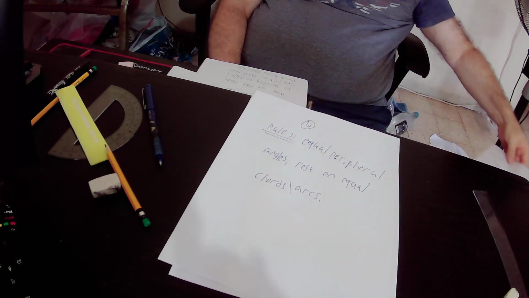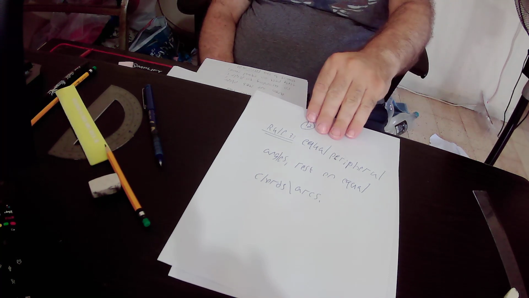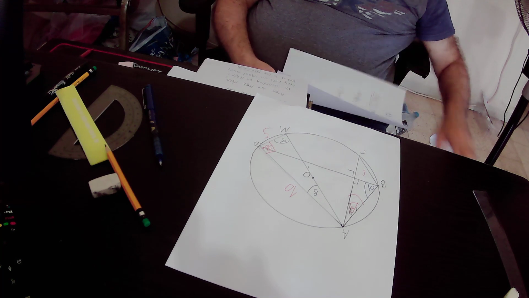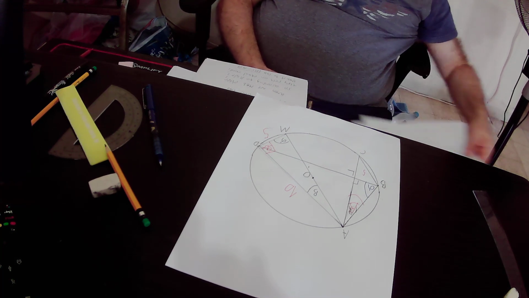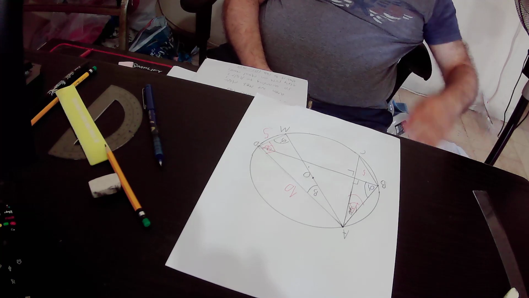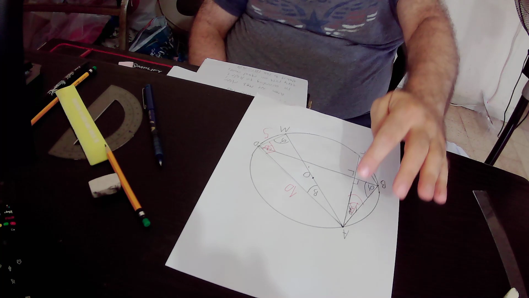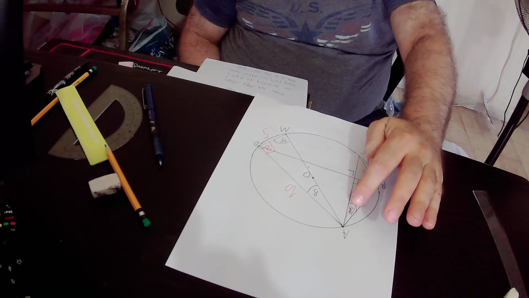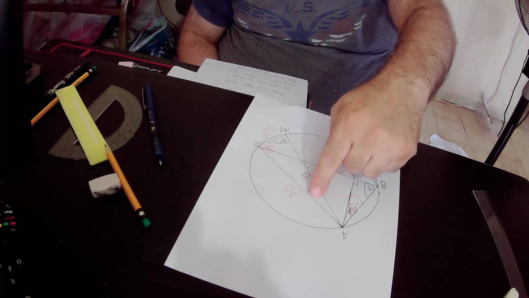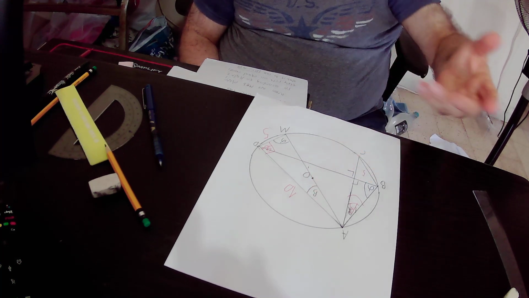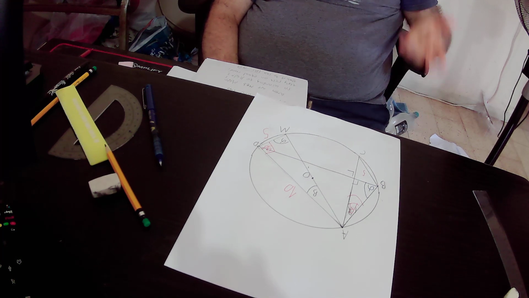We implemented rule number 3 in our circle because we have two peripheral angles that equal beta. This peripheral angle equals beta, and this peripheral angle also equals beta. So according to rule number 3, they rest on equal chords.